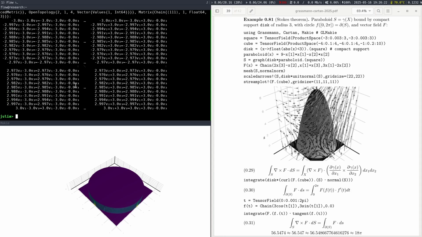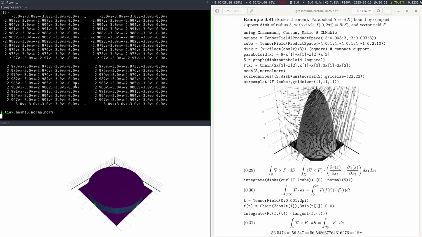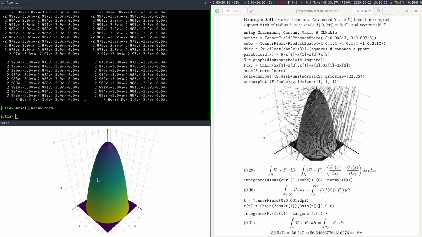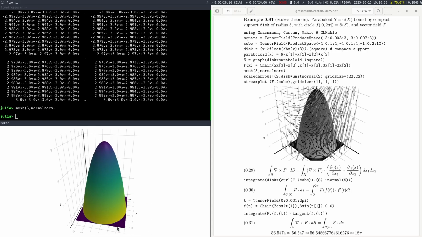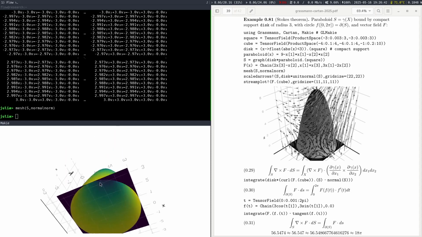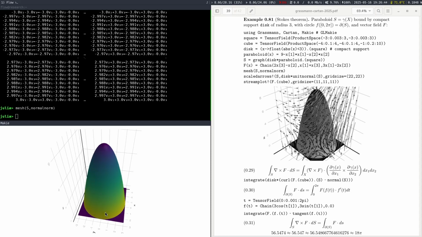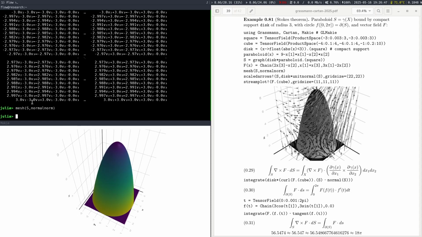So S is this paraboloid restricted to the circle, right? So we're just cutting it off right there where the circle is. Then we define chain f of x.